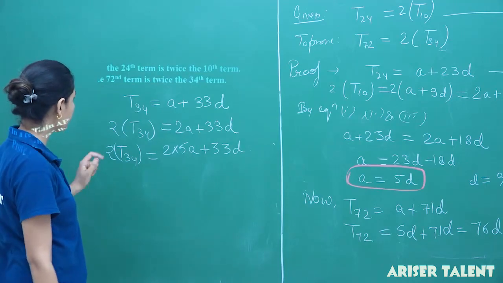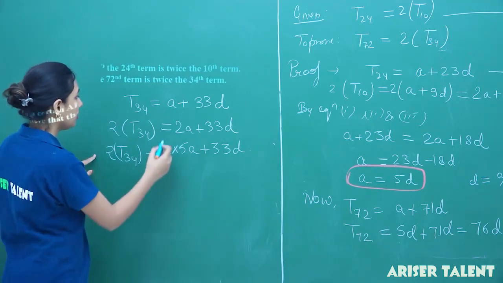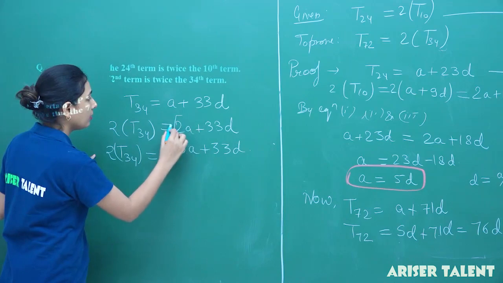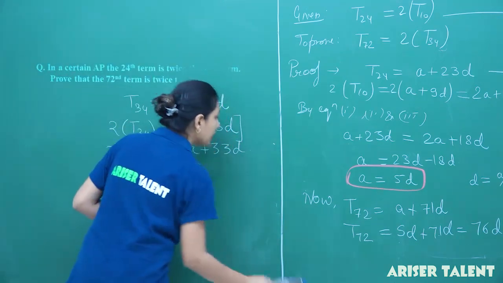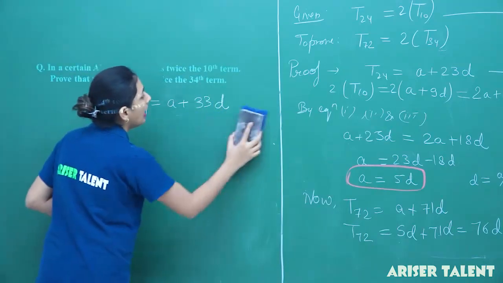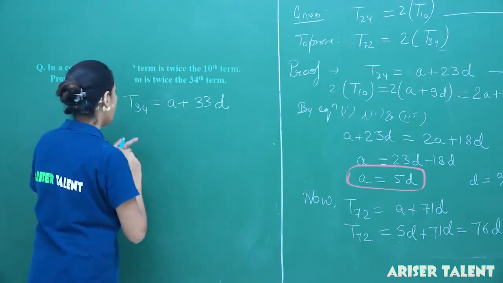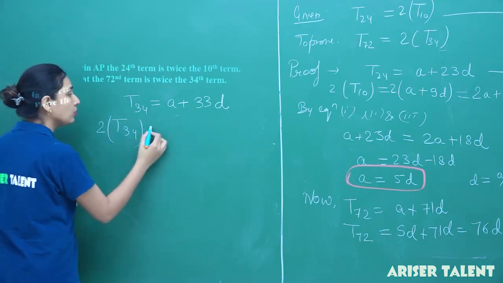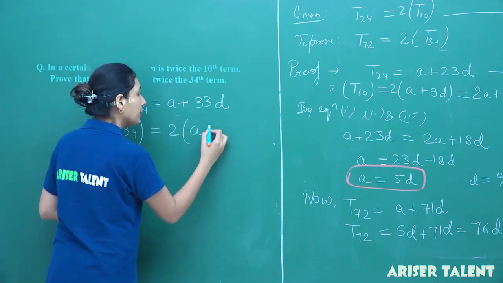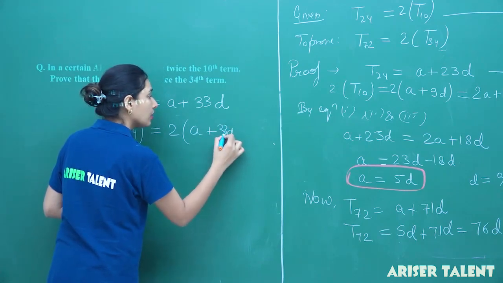Right, students? And we are going to multiply it also. Okay. So let me correct it. I have to correct it. Okay, I just multiply T34 by 2. So here it will be again, right?